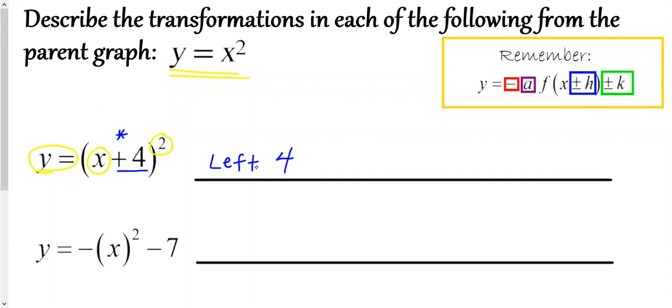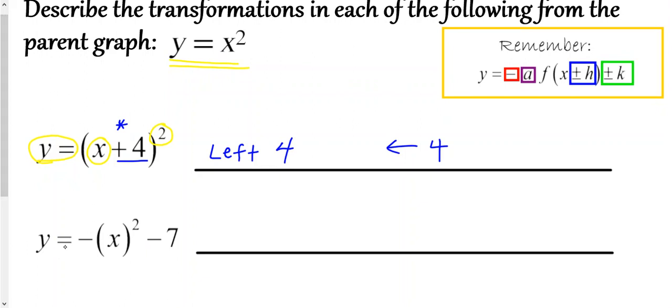That's fine if you just want to do left 4, or you can draw an arrow if you want. I'm fine with either of those. But that is the only thing that has changed from my parent function, what I've circled in yellow, y equals x squared.